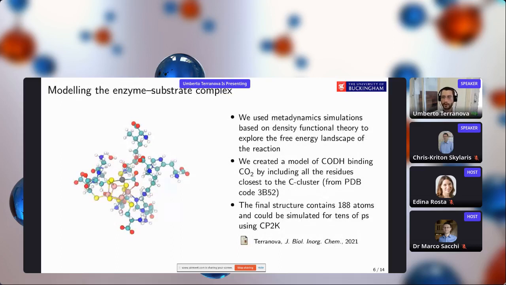So, as I mentioned before, the study was an investigation that made use of the energy landscape of the reactor. The first step was to create the enzyme binding model and use all the cluster.